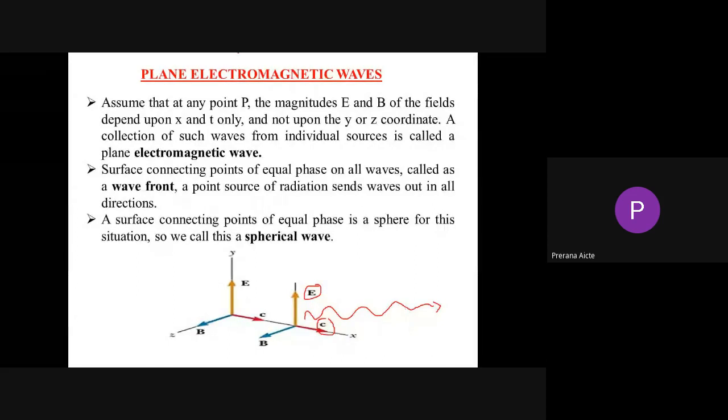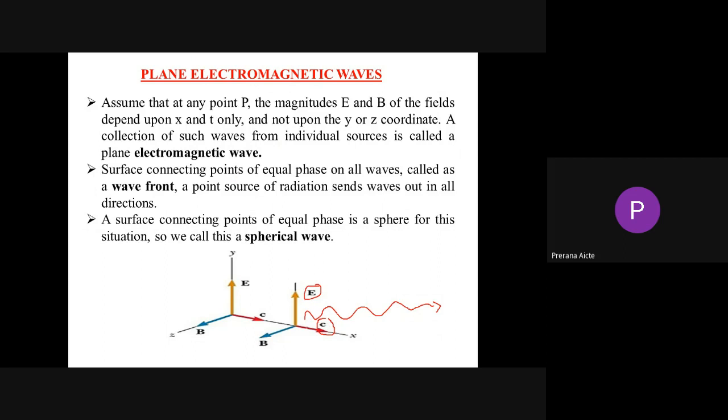Now assume that at the point P, the magnitudes of E and B of the fields depend on x and t only, but do not depend on the y or z coordinates. A collection of such waves from the individual source is called electromagnetic waves. Now, a surface connecting points of equal phase in all the waves is called a wavefront.